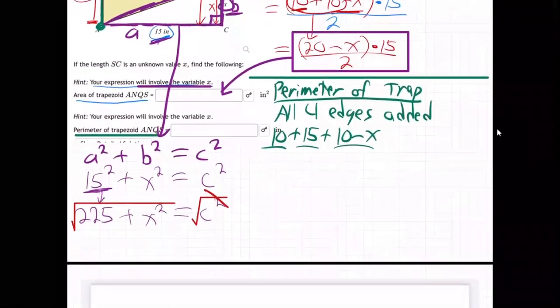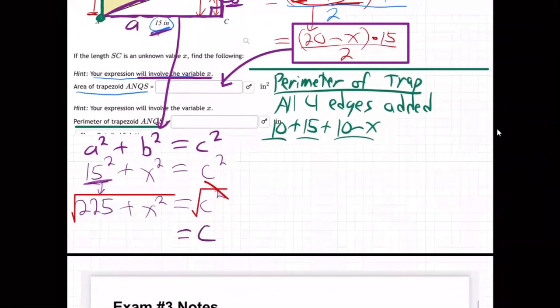And so C will equal, whoops, try that again. C will equal 225 plus x squared. So that is what goes right over here.